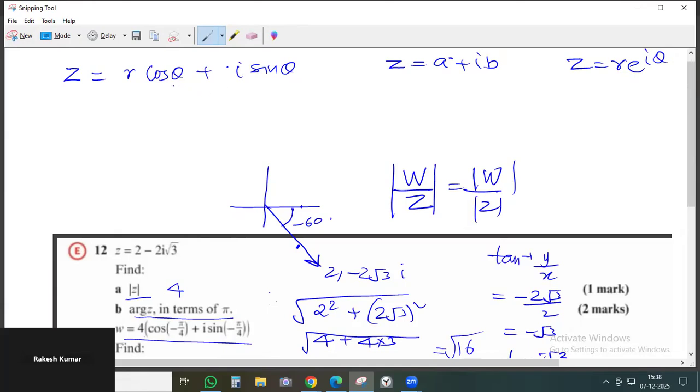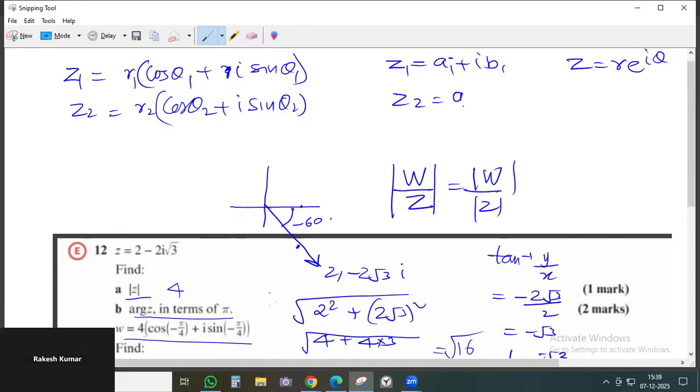Now, if z1 is equal to this and z2 is equal to this, and in this z1 is equal to a1 plus ib1, z2 is equal to a2 plus ib2, or z2 can be written like this.